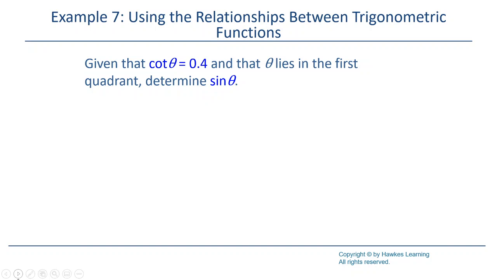We just know it's in the first quadrant. So at the very least, we know sine's got to be positive. But how am I supposed to get values for x and y from this? Because I know cotangent of theta is supposed to be equal to x over y. But what do I do here?